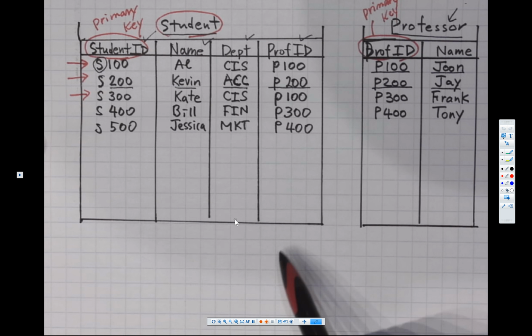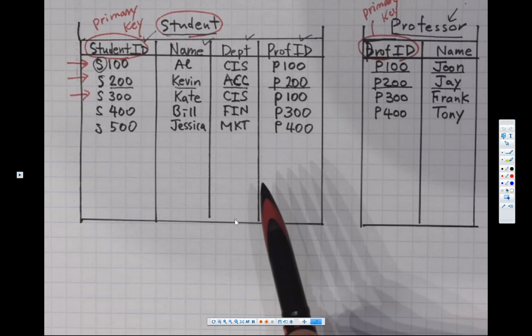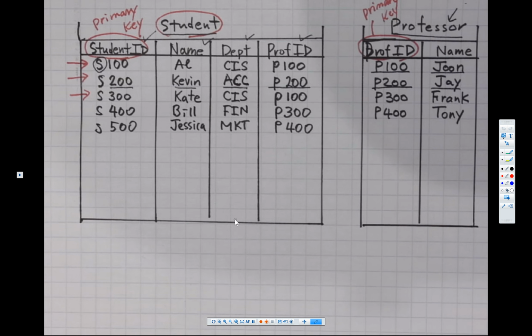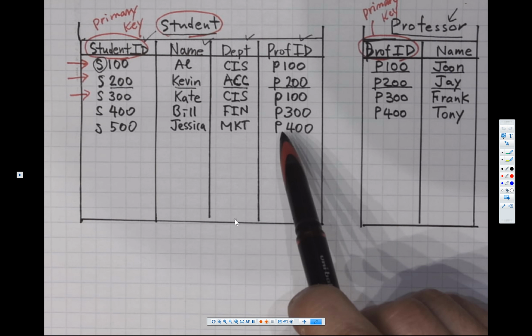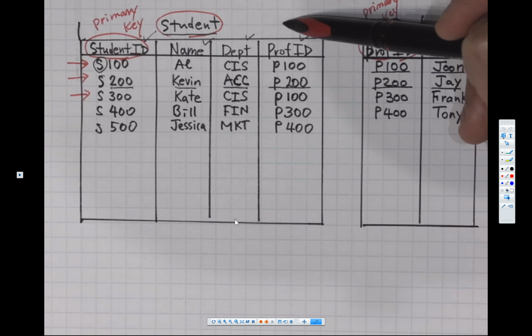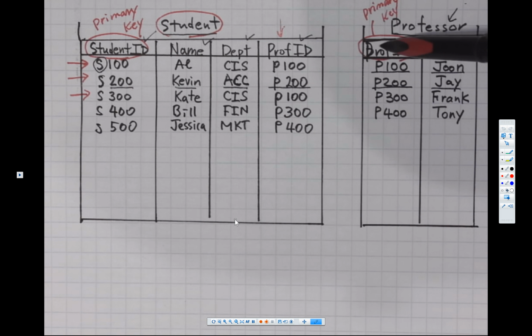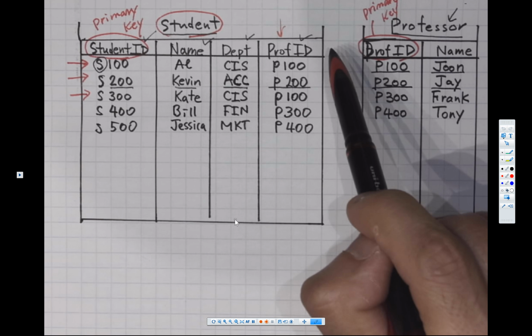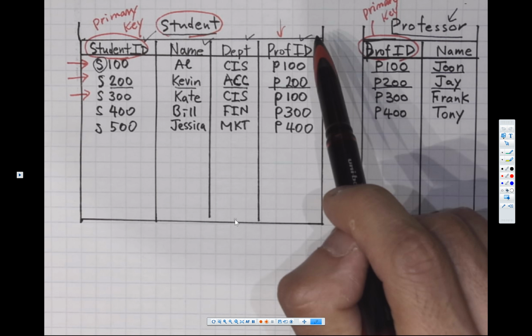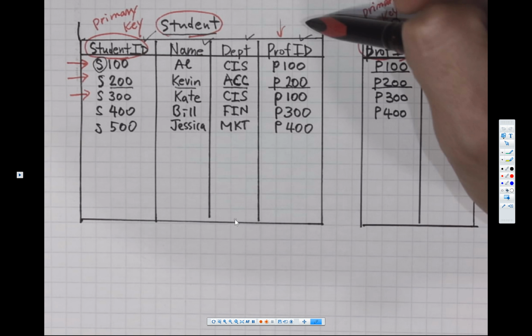And you know that these two tables are related, and we learned that tables are related through something called a foreign key. To find the foreign key, we first have to find a common attribute, a common field, between these two tables. The professor ID is a common field, so we can immediately know that the professor ID is the foreign key.